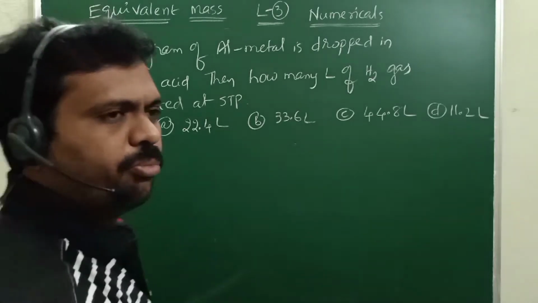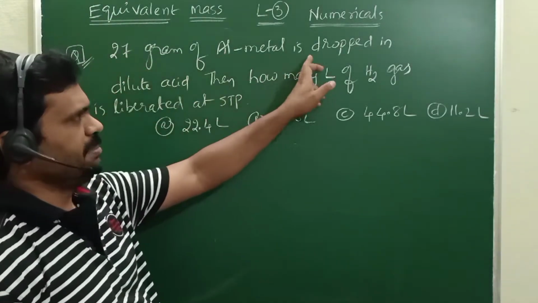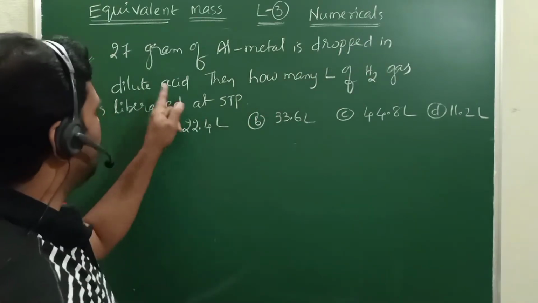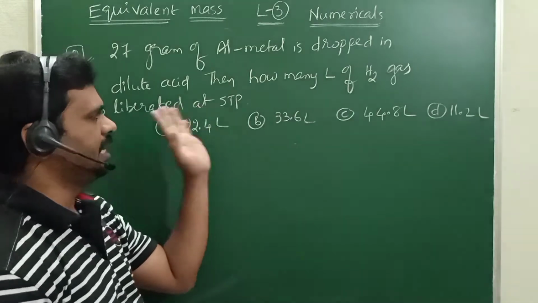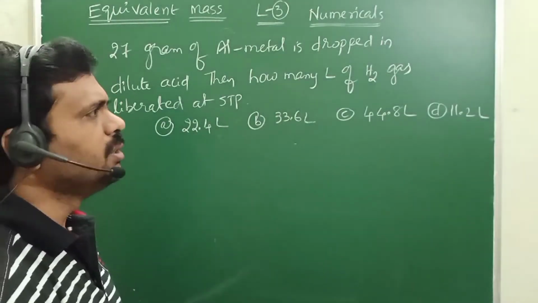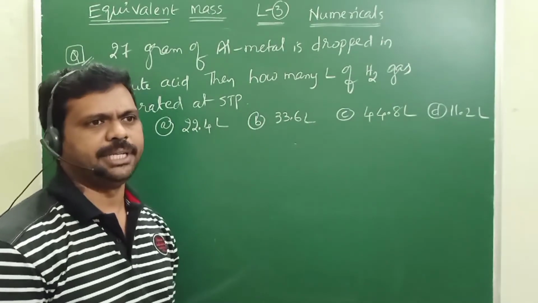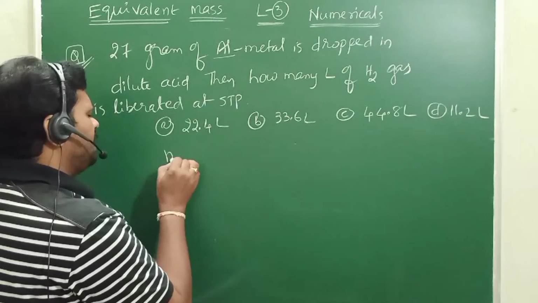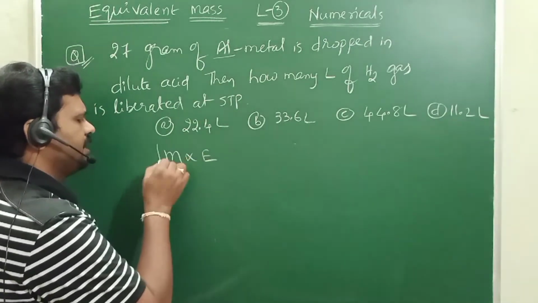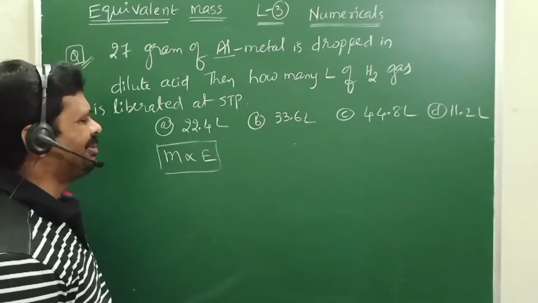Now the next problem is that 27 grams of aluminium metal is dropped in dilute acid. Then how many liters of hydrogen gas is liberated at STP? This numerical we have to calculate with the gram equivalent weight concept. Here m is directly proportional to E. This is the basic formula. m by E is equal to the number of equivalents.